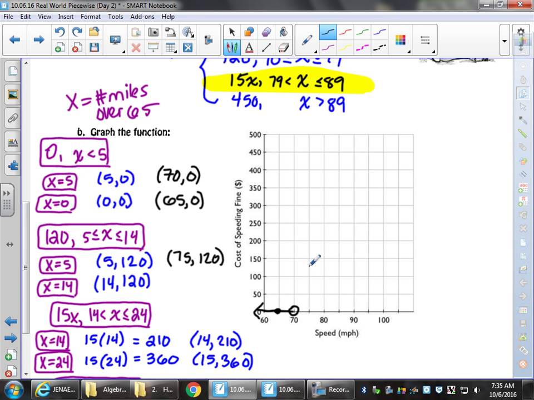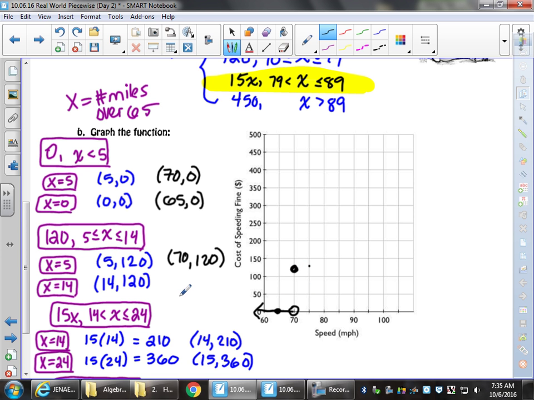75, 120, 70. We're adding 65, not 70 to that. Open or closed circle on 70, 120? Closed. Okay.